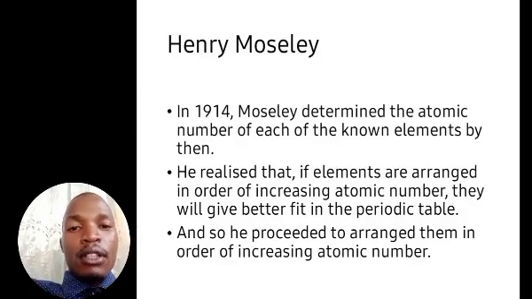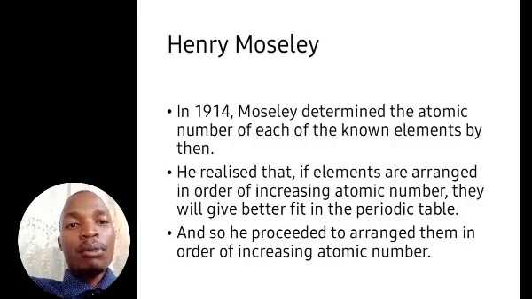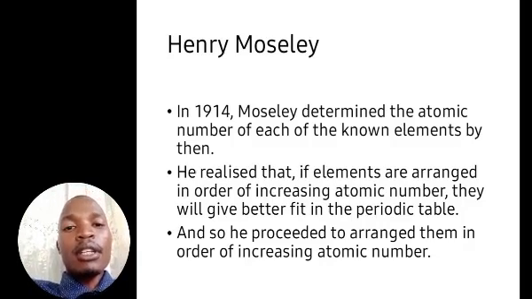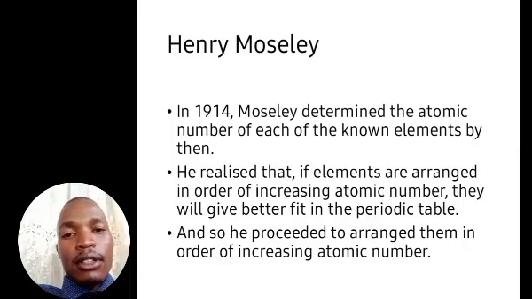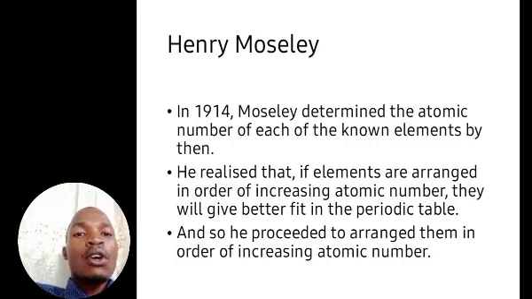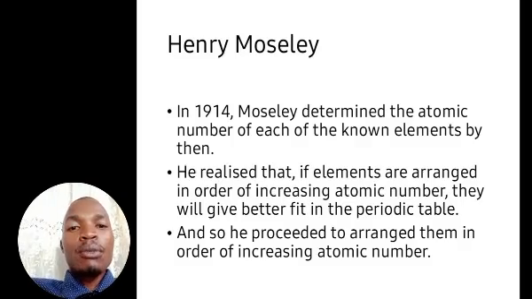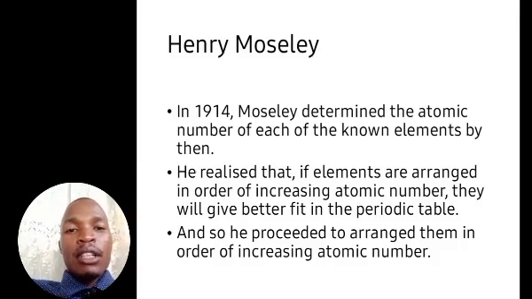Later on, that is in 1914, Henry Moseley determined the atomic number of each element that had been known by then, and he realized that if elements are arranged in order of increasing atomic numbers, other than increasing atomic weights that were used by other scientists, they will give a better fit in the current day's periodic table.